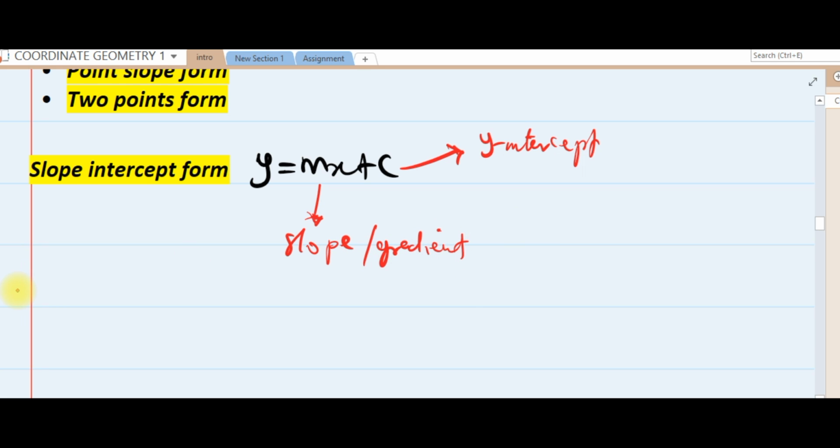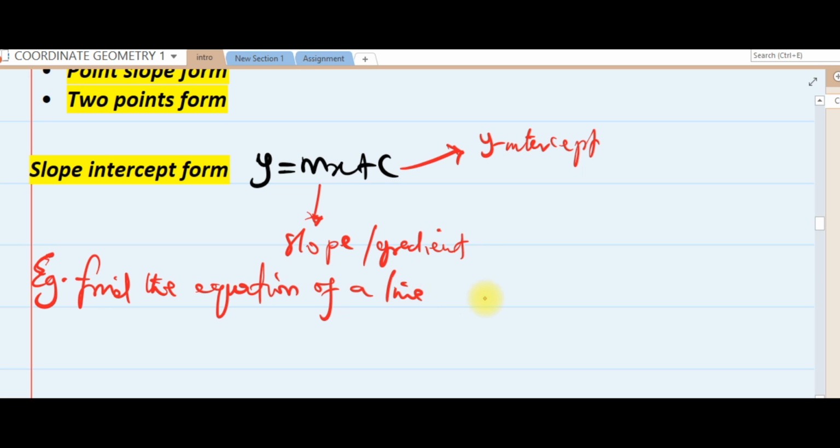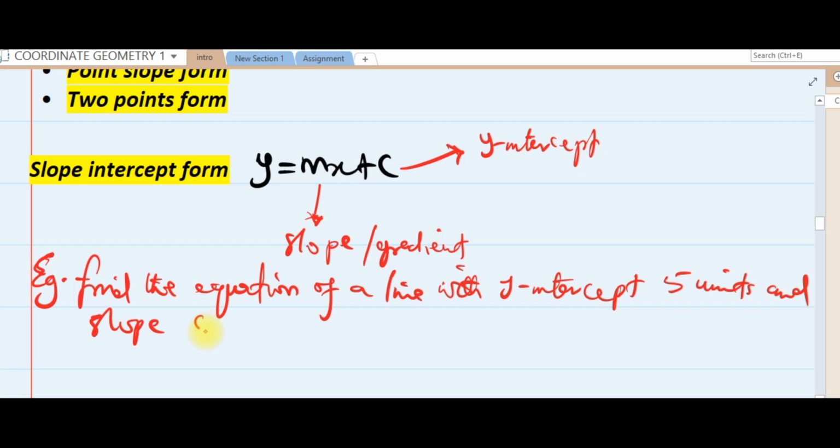So that's it. If someone asks you to find the equation of a line with y-intercept 5 units and slope 6, without wasting time, the answer is just y equals, what's the slope? 6x plus 5.